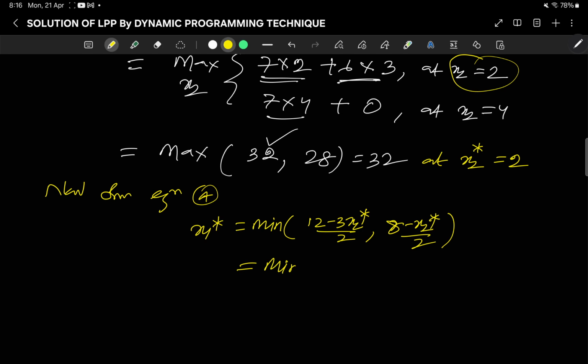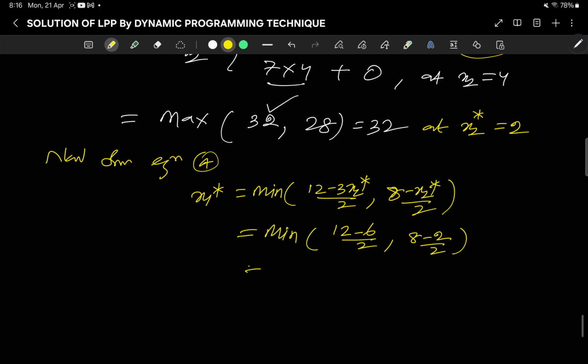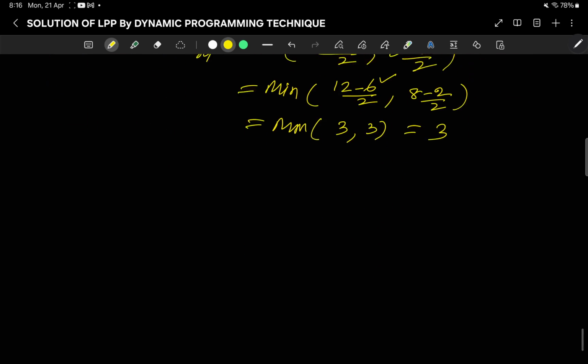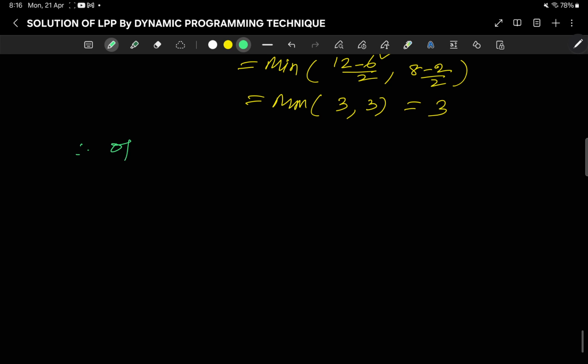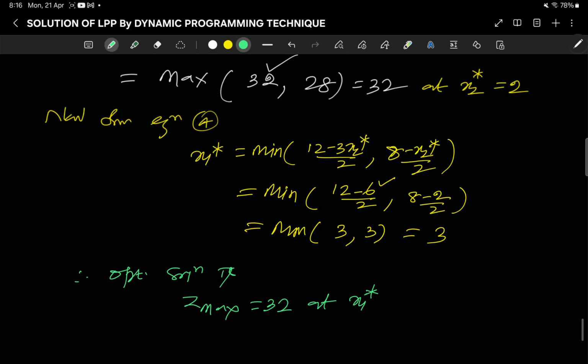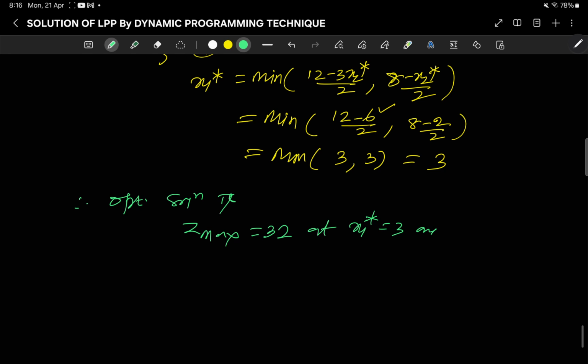So this is equal to the minimization of (12 minus 6) by 2 and (8 minus 2) by 2. So this is the minimization of 6 by 2, which is 3, and 6 by 2, which is 3. So this is equal to 3. Therefore my optimal solution is Z max equal to 32 at x1 star equal to 3 and x2 star equal to 2. So this is your answer.